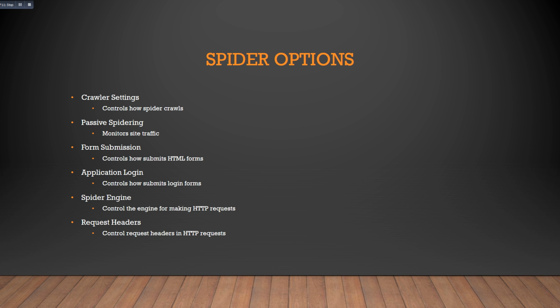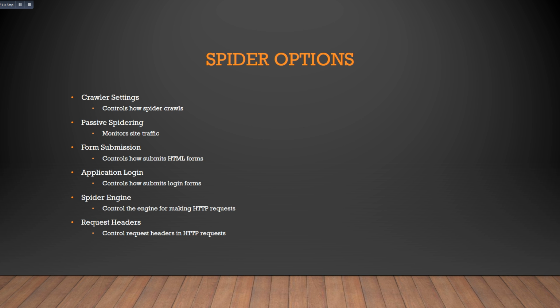Your form submission controls how you submit your HTML forms during spidering. Your application login controls how the spider submits the login forms while spidering. Your spider engine controls the engine for making your HTTP requests, and the request headers control the request headers in the HTTP requests.